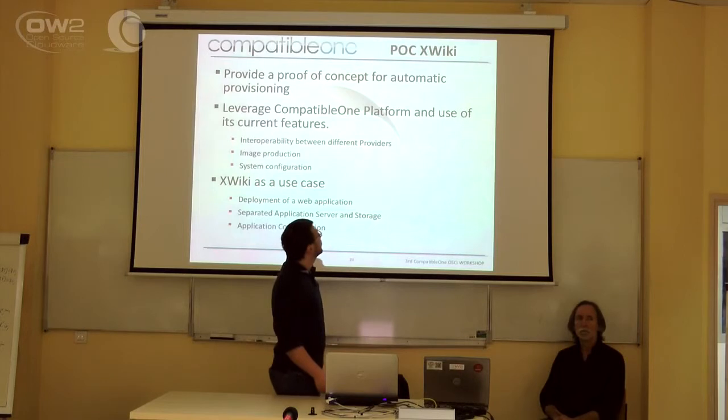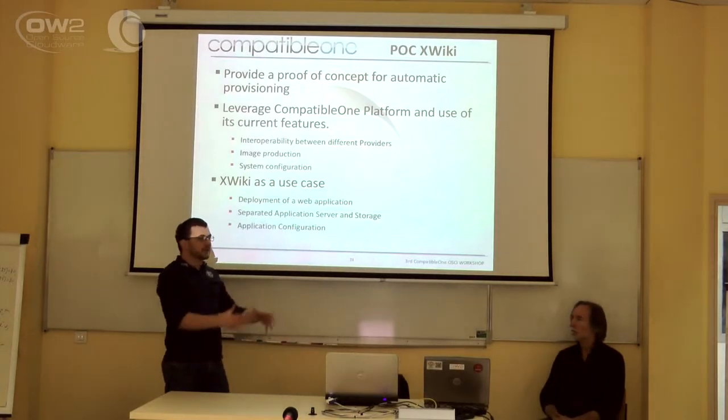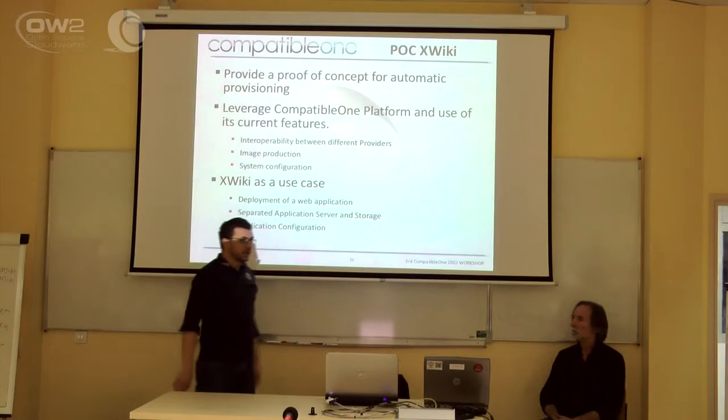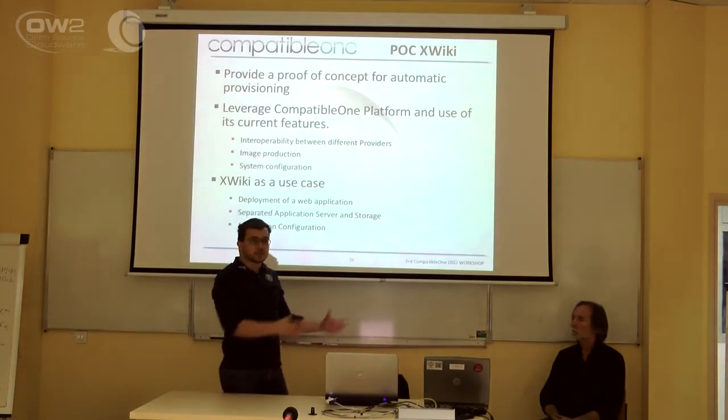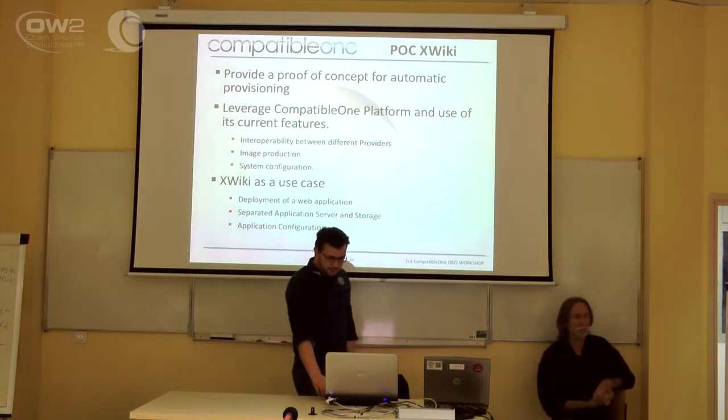In this case, it was, as I said, the storage component that we described as a manifest. We made it available to the users as a manifest, and other users who want to deploy their applications using CompatibleOne can reuse this manifest and build on top of it.